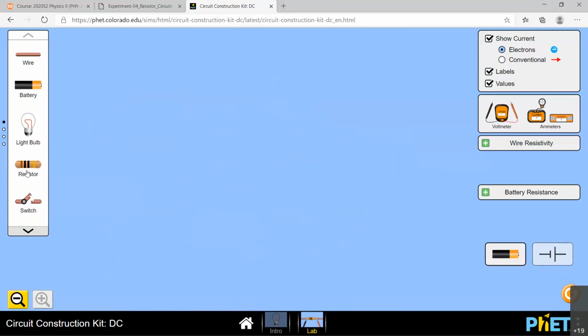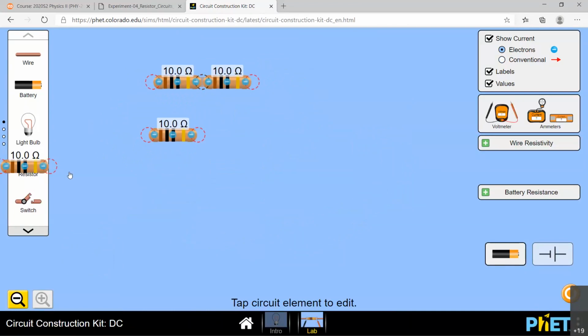Let's bring now new 4 resistances. I need one resistor here, another resistor here, and another resistor here, and another resistor here. 4 resistances.